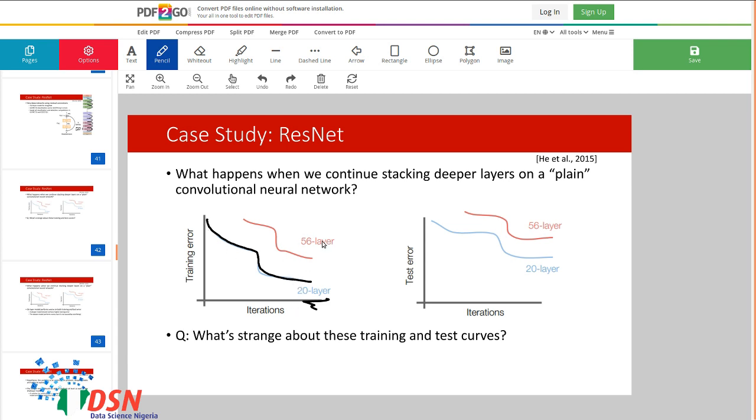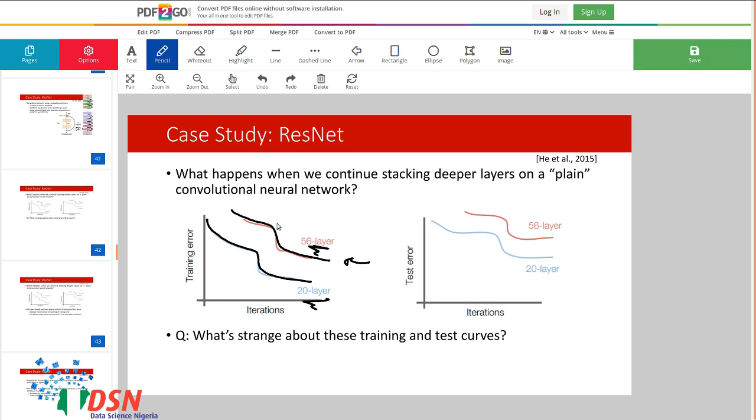When we increase the number of layers to, for example, 56, then if we plot the training error, we could see that we have larger error in comparison with the 20-layer neural network, which is strange, because we increase the number of layers, we increase the complexity of the function, but we don't get a better training error.